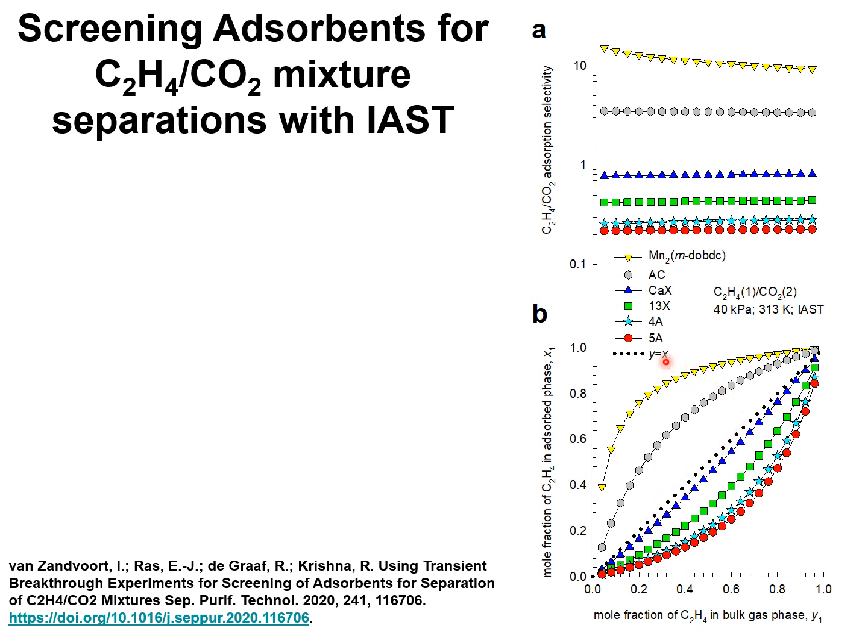The same conclusion can also be drawn from a diagram that plots the mole fraction of ethene in the adsorbed phase as a function of mole fraction of ethene in the bulk gas phase. We need adsorbents that are in the top left corner of this diagram.